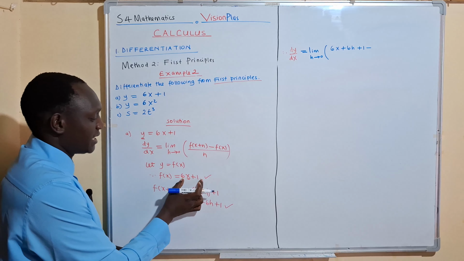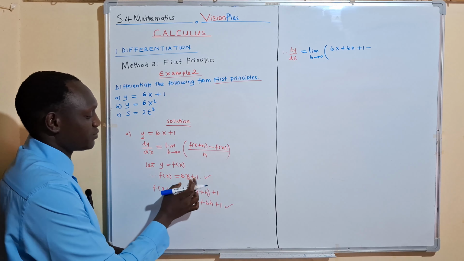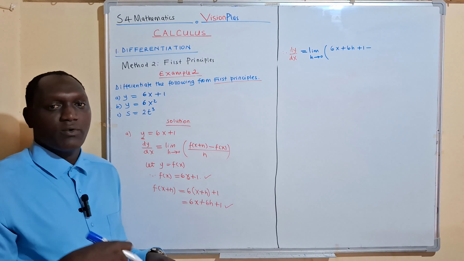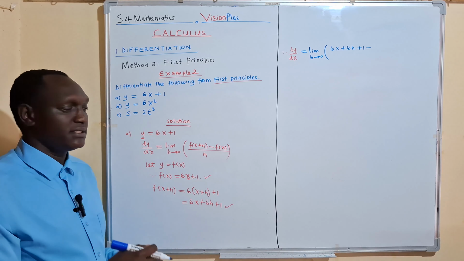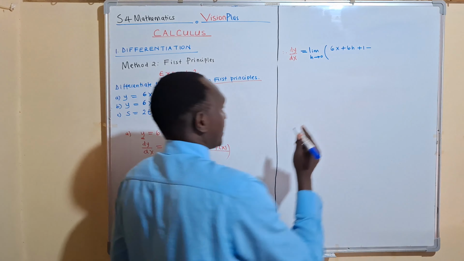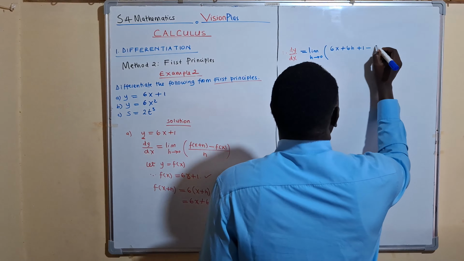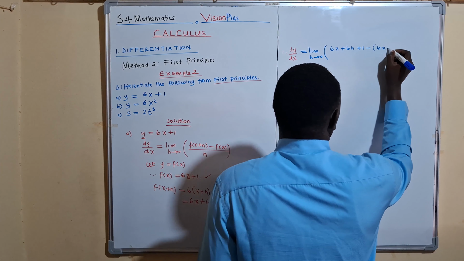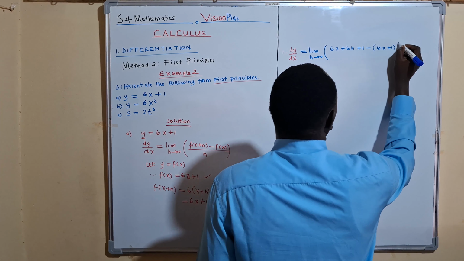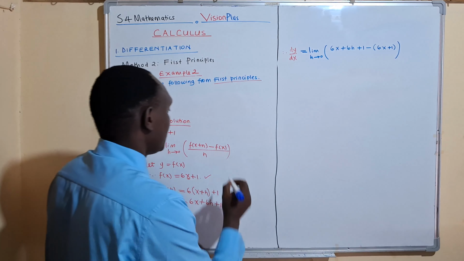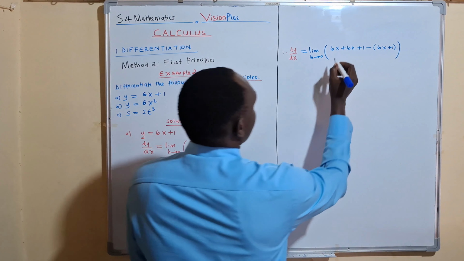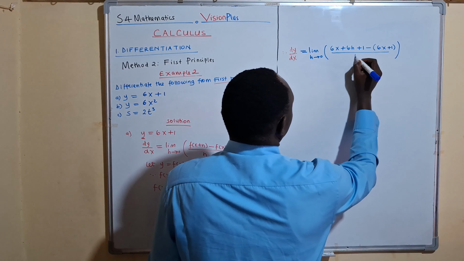F of x here has two terms, that is 6x plus 1. The moment you are taking away two or more terms, you put them in the bracket. So we say minus, open the bracket, 6x plus 1, close the bracket, and you close the bigger bracket of the formula over h.